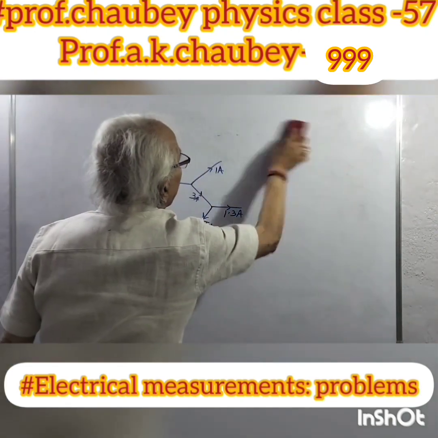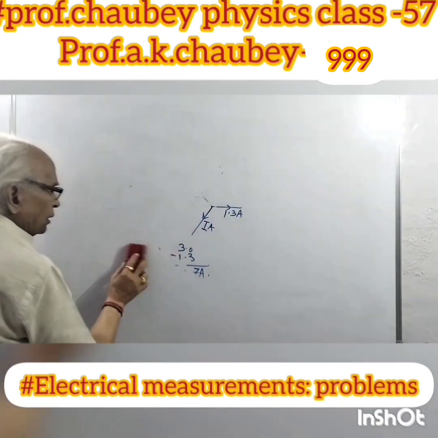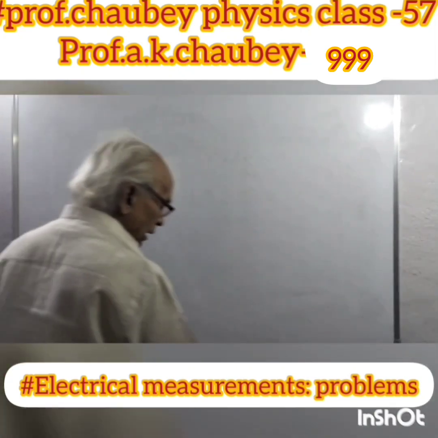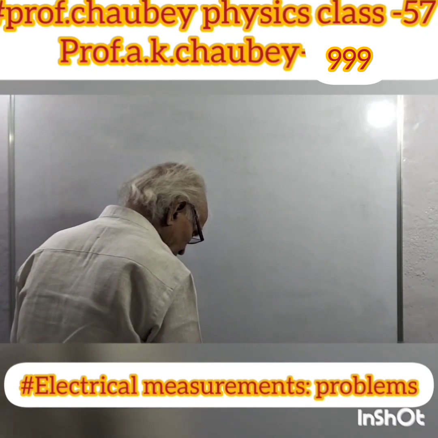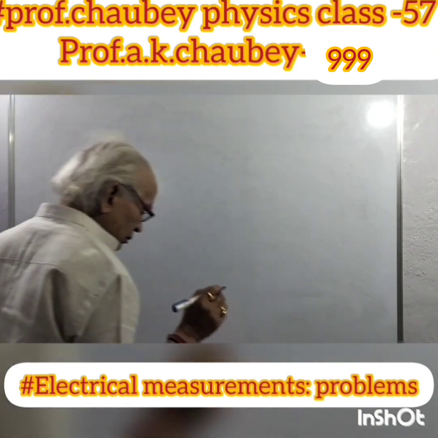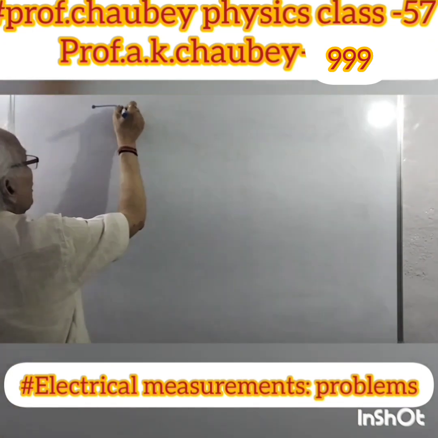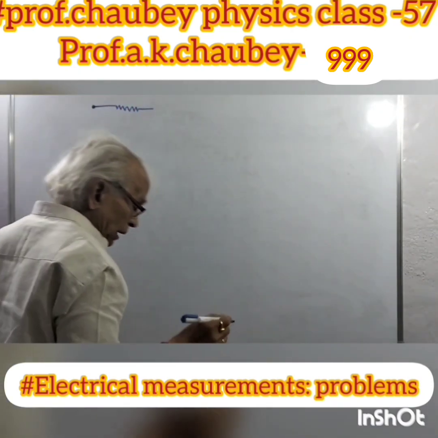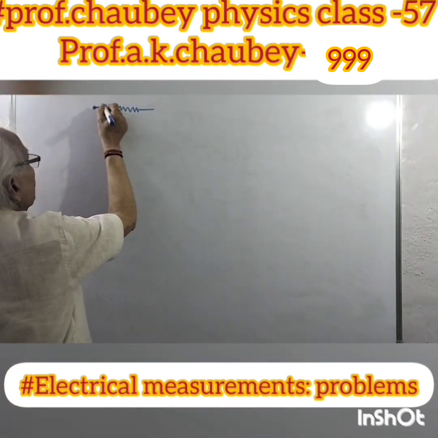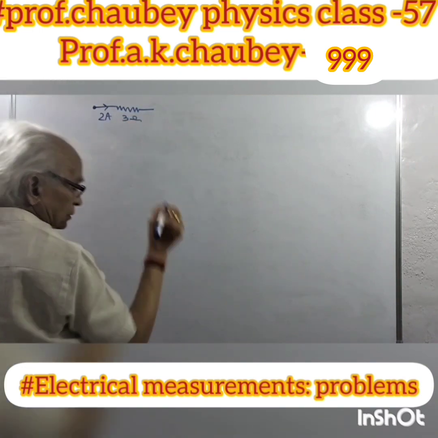Now similarly I will try to solve some other problems. I will do some other problems. Say I have a figure. There is a 3 ohm resistance here and 2 ampere current flowing here.